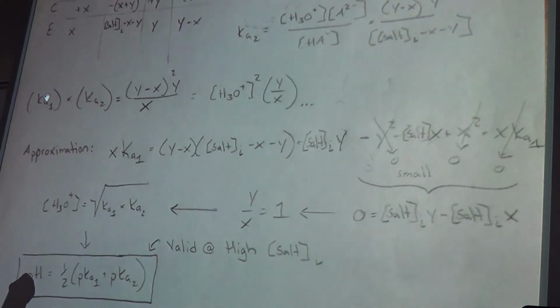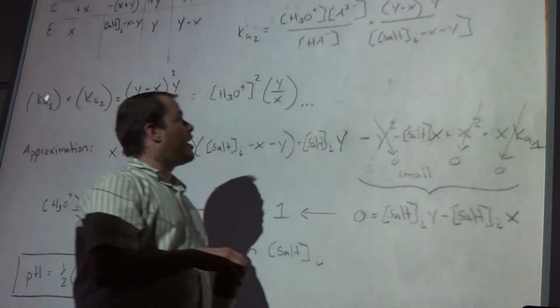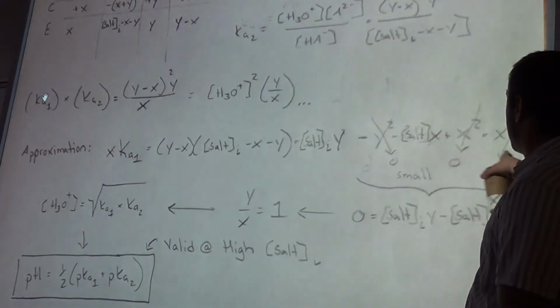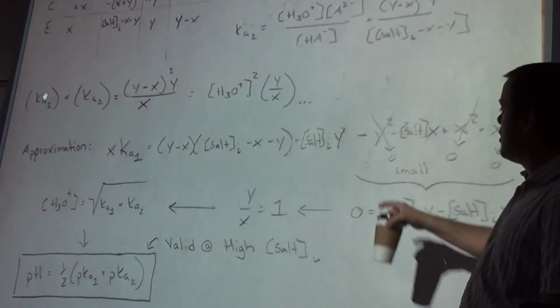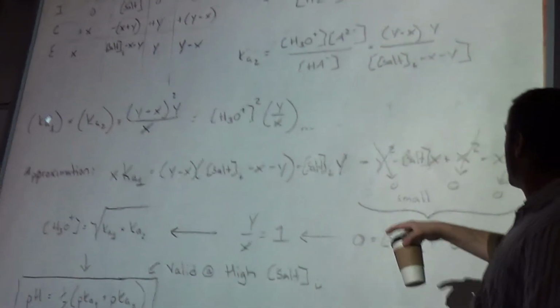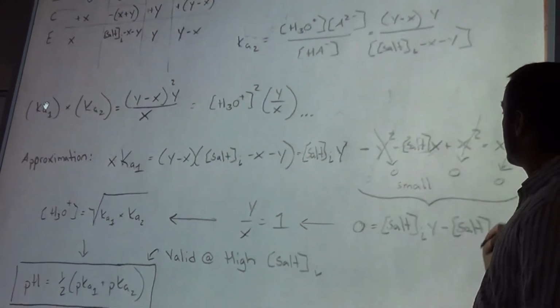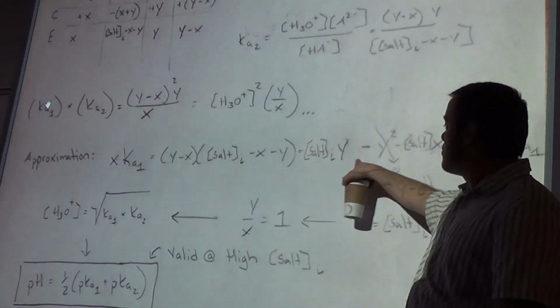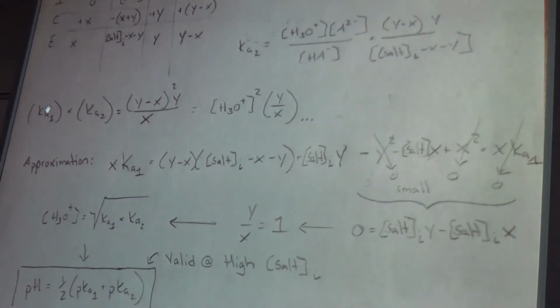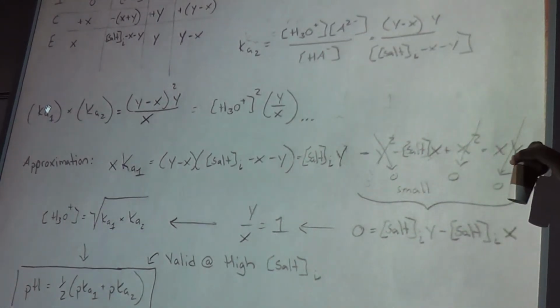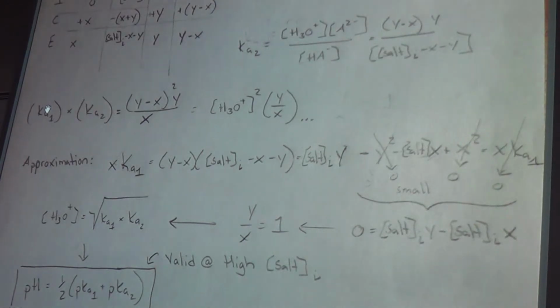We're left with Y minus X times conc salt initial minus Y minus X. After you multiply everything through, this ends up giving you a big, long term where you have powers of Y squared, X squared, X times Ka1, and then terms with the initial salt concentration times Y and the initial salt concentration times X. So this is just a rewrite of the expression for Ka1. We're interested in Ka1 because ultimately that's going to allow us to obtain conc H3O plus.